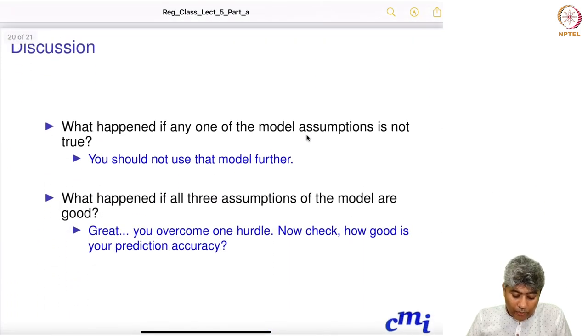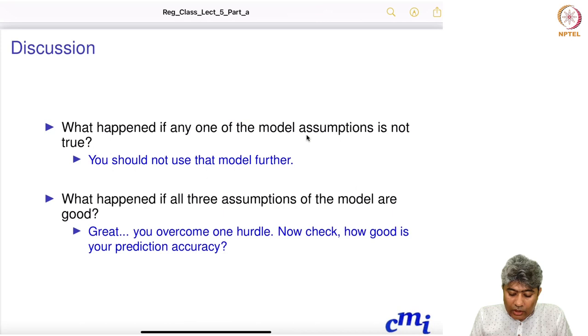Now, what happens if any one of the model assumptions is not true? If any one of the model assumptions is not true, then you should not use that model any further. In fact, my recommendation is you should consider using a more advanced model, or a model which stands with its own assumptions.